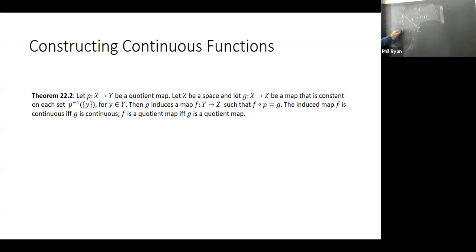No matter which element we choose in this set here, it's going to be an element of x, and then we can push that forward from x to z. Okay. So this is a single point, is the important thing I want to say.